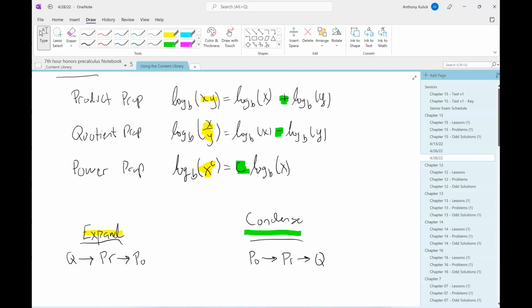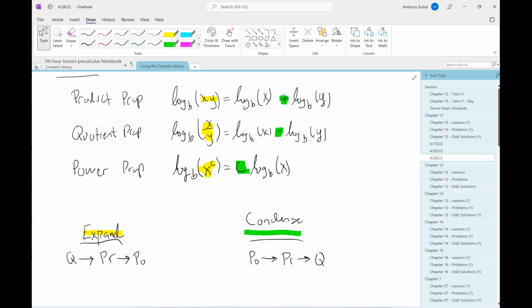The other type of problem that we'll talk about is condensing. Condensing is going from many logs to as few logs as possible, ideally 1, but maybe not. So the order of properties that we'd use there is going to be reversed. So typically it's going to be power, product, and quotient.